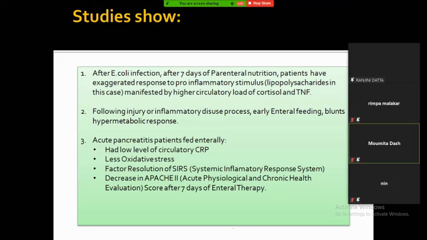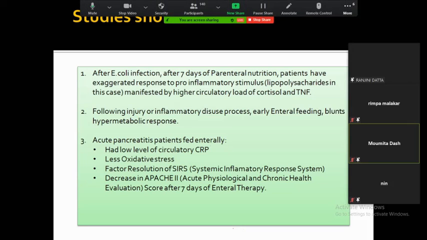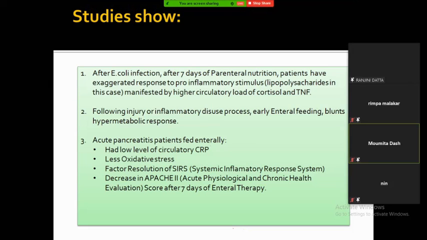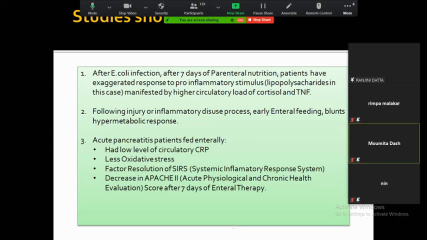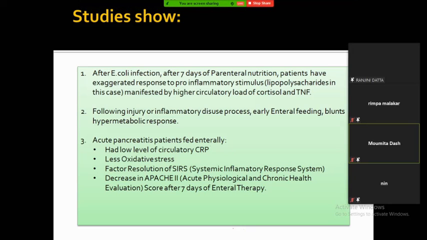They will have less oxidative stress, and SARS will be or can be prevented. There's a decrease in the Apache criteria and the Ranson criteria, which I explained in my very first slide, if we can maintain 7 days of enteral therapy.